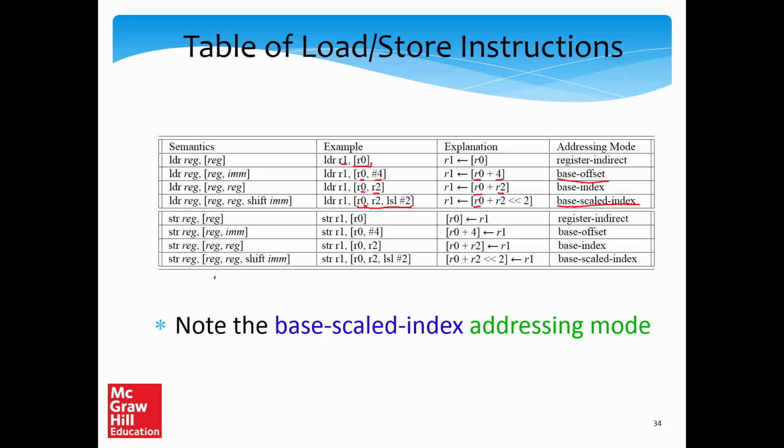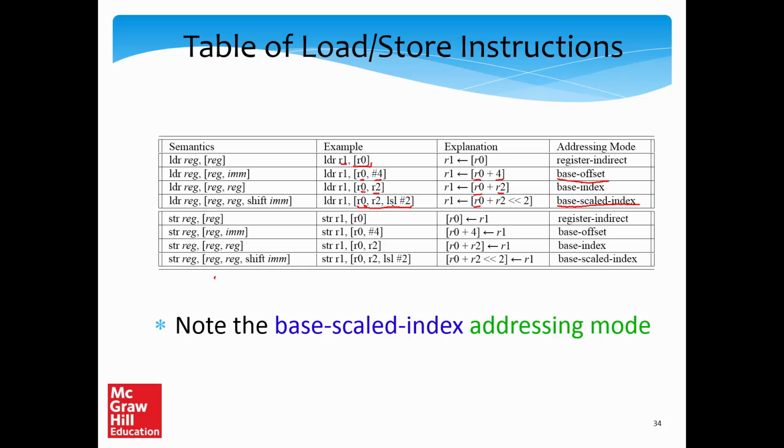This is where the notion of the base and scaled index comes in. The portion of text within the square brackets denotes the address, and the memory address is computed as R0 plus R2 multiplied by the left shift amount, or divided by the right shift amount. In the case of a left shift, it is R2, LSL #2.